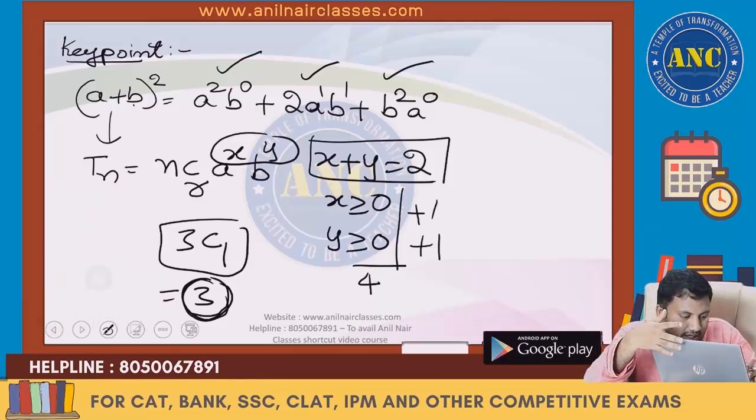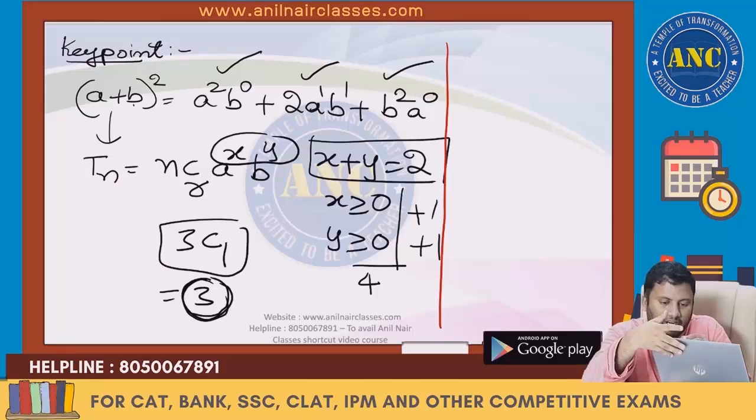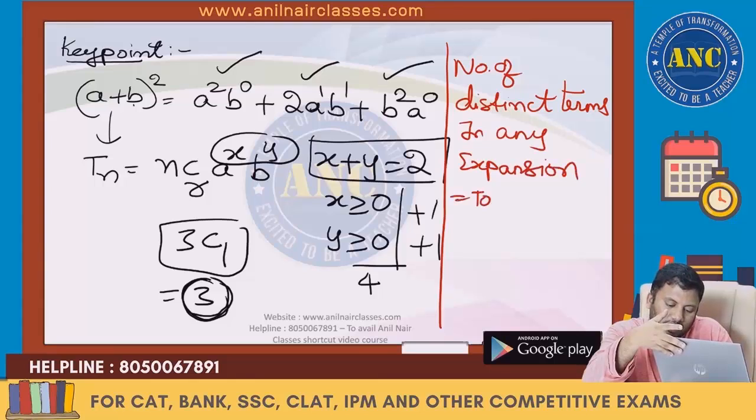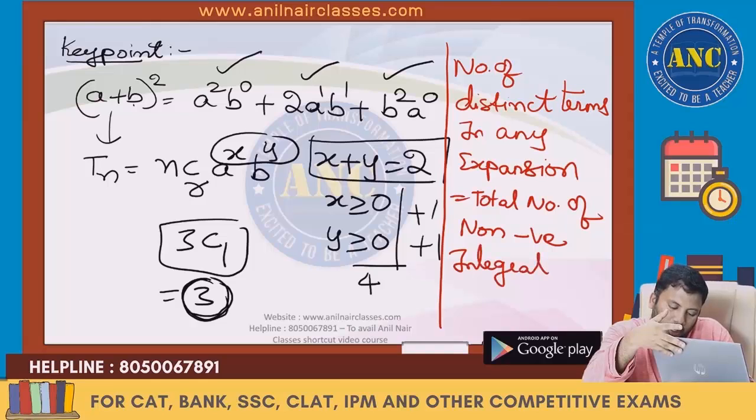Now please write down this key point. Number of distinct terms in any expansion is nothing but the total number of non-negative integral solutions for the powers of the variables.